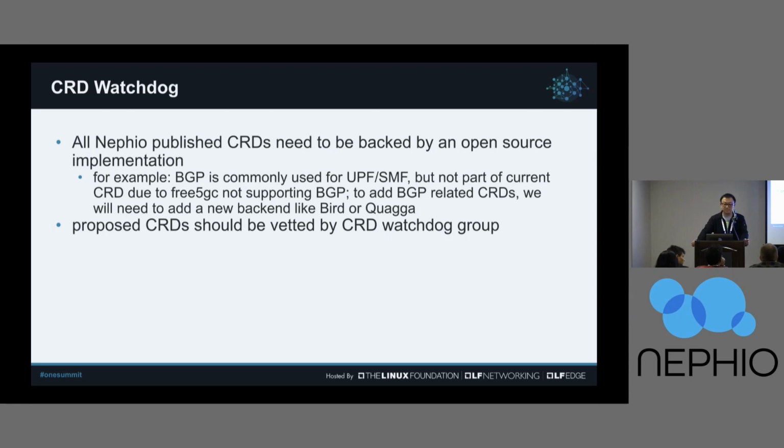And then we would like to establish a CRD watchdog group within the community that will be vetting the CRDs that we propose, understanding that not all of us are hardcore Kubernetes guys. So some of us may be proposing some CRDs that are not very Kubernetes standard or friendly.